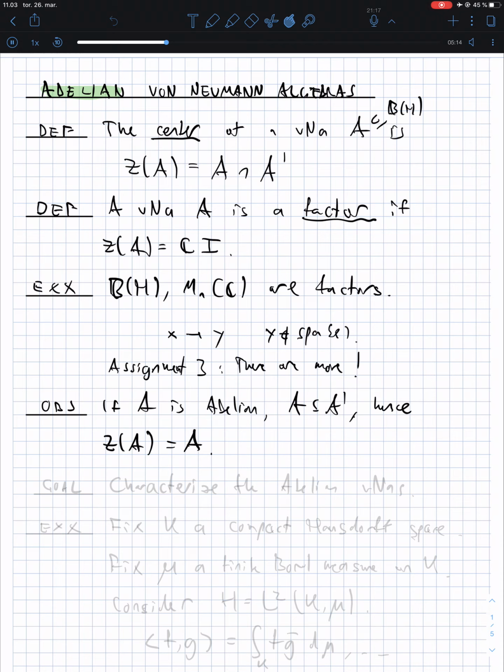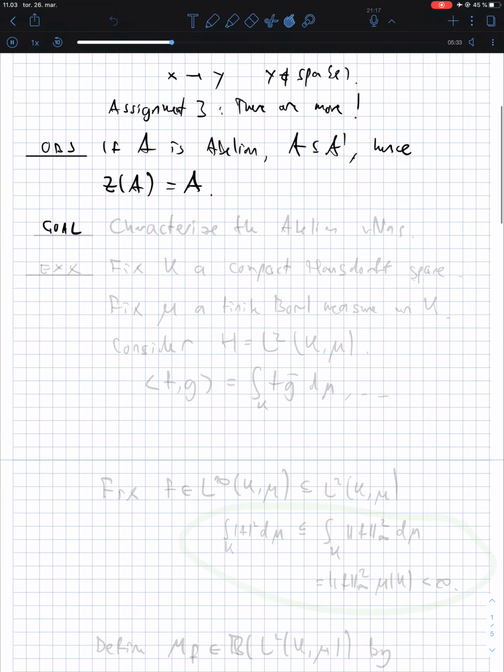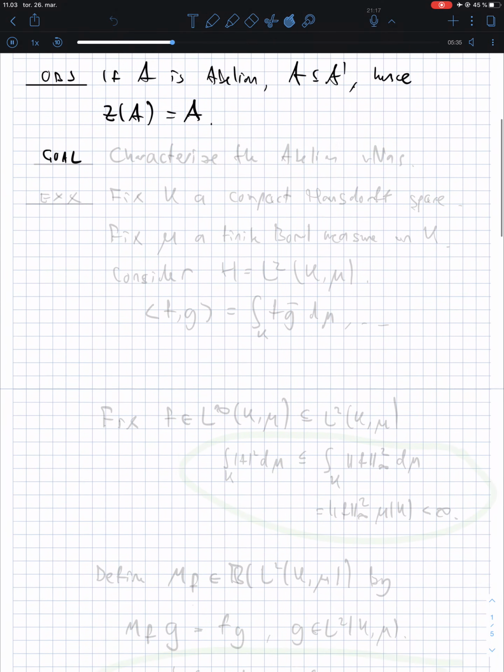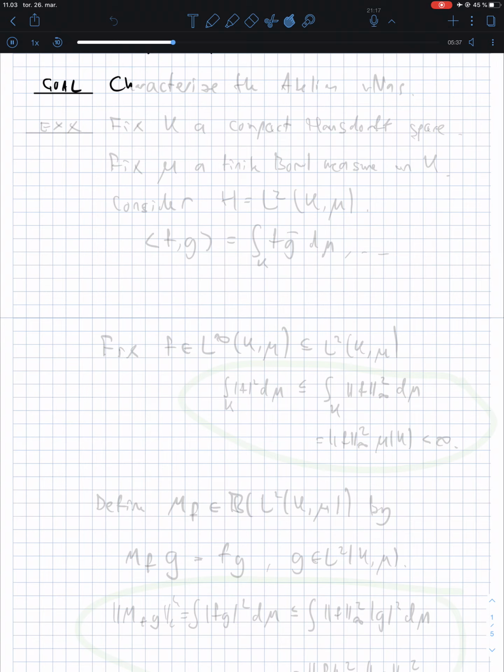And my aim is to, more or less following the lead of what we did in the Gelfand transform for C-star algebras, and to some extent for Banach algebras, characterize what the abelian von Neumann algebra looks like. Right? So this is the goal. That's going to come over several pencasts, to characterize the abelian von Neumann algebras.